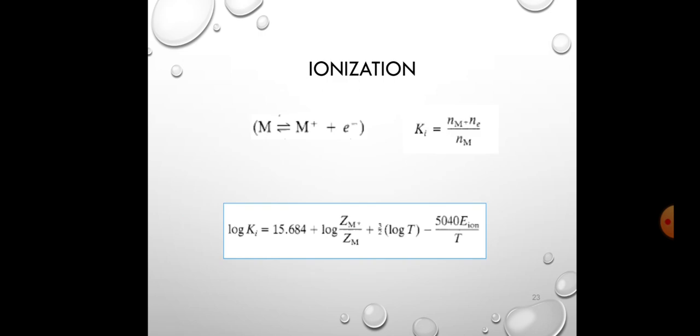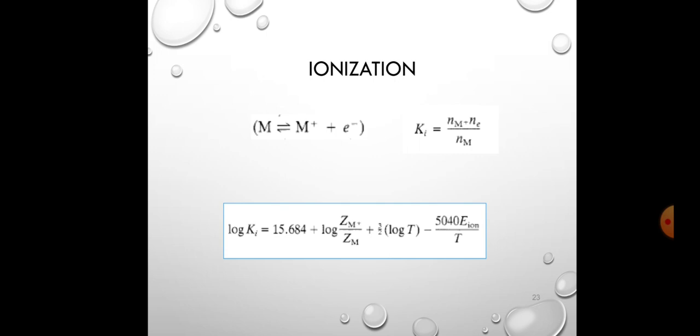Other than dissociation, as I said before, if we increase the temperature, we can have ionization as well. Some part of a metal can be ionized if we use a high temperature. So we have another equilibrium here, M gives M plus and an electron. Here also we have a Ki, that is the ionization constant, that equals Nm plus times N electron divided by Nm.